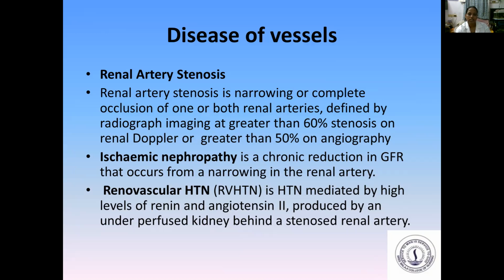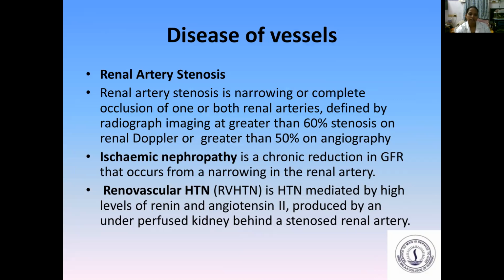So to rule out renal artery stenosis, we go for renal Doppler or renal angiography. If it shows more than 60% or 50%, then it confirms the renal artery stenosis.